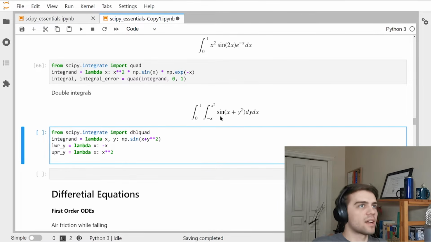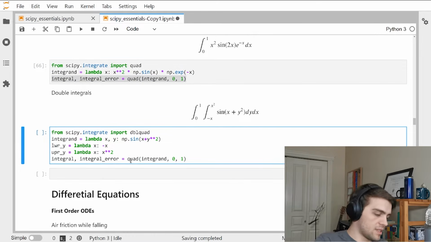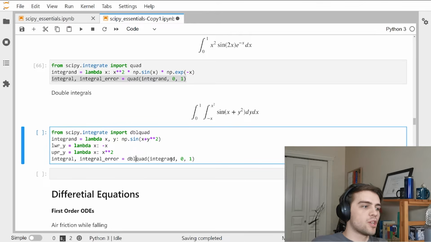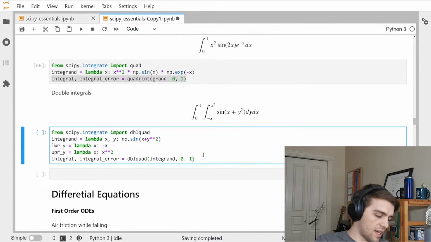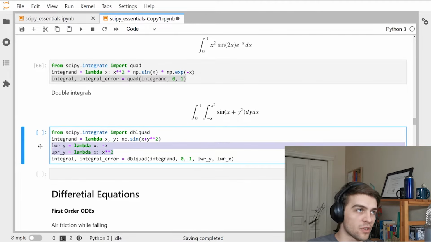And then, of course, I can do the same thing. Integral, error is equal to dblquad. So it takes in the integrand, the outer bounds on x are 0, 1, and then the lower bound on y is lower y and the upper bound is upper y. So you note that this function takes in the outer bounds as numbers, and the inner bounds here are actually functions.